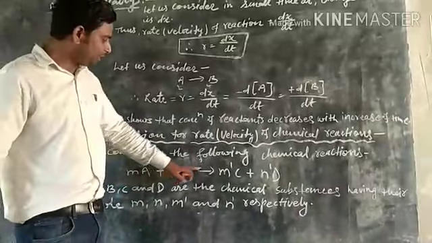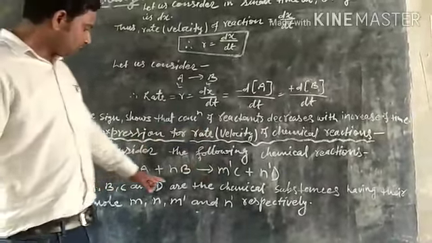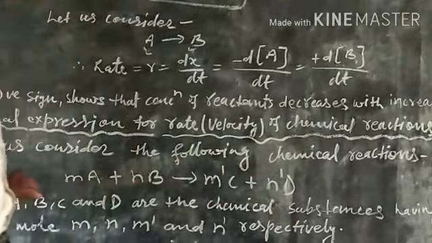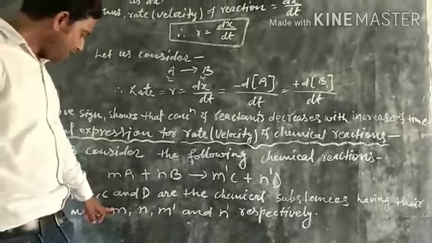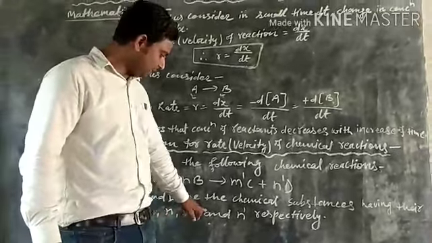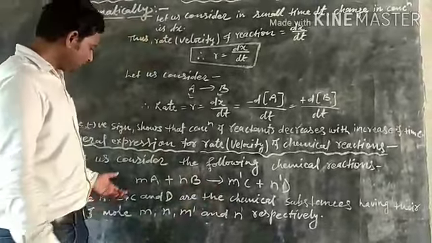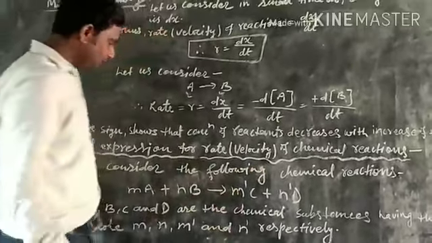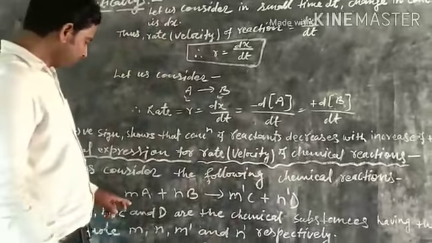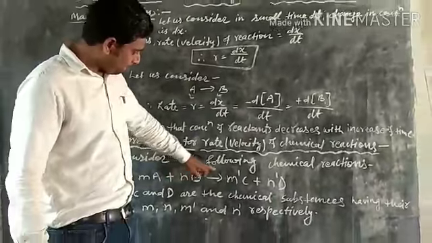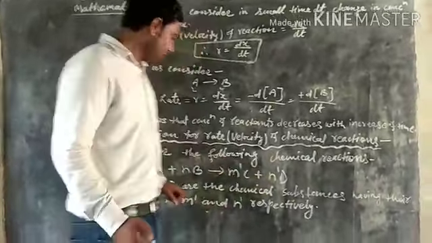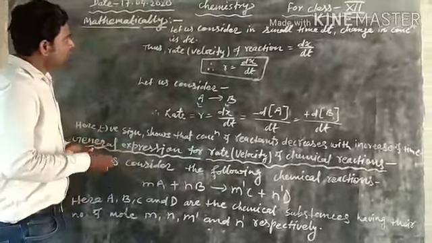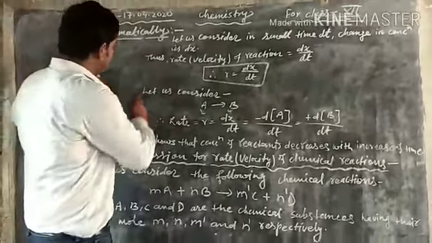Here A, B, C and D are the chemical substances having their number of moles m, n, m' and n' respectively. It means in the general reaction m, n, m' and n' are the number of moles, and A, B, C and D are chemical substances. Now it will be clear from examples.